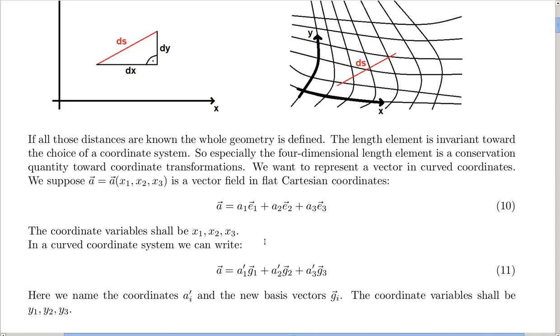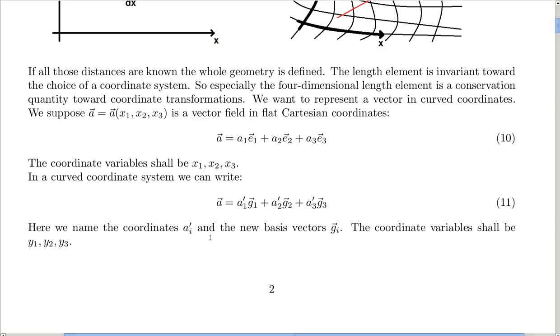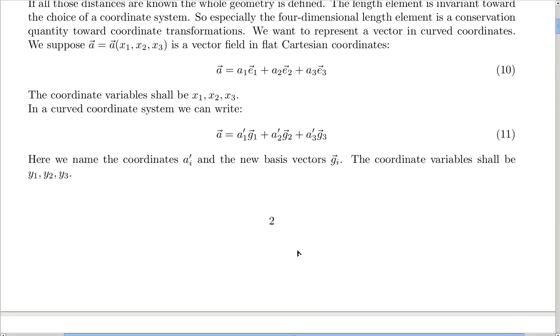And now in the curved three-dimensional space, the same vector is described in the same way, but the components are other values. So we write it with a prime here, and the basis vectors are also other vectors. We call them g1, g2, g3.